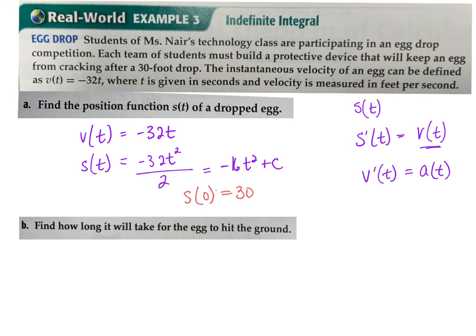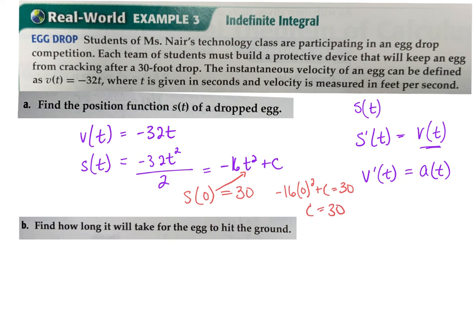So I can actually plug this in and figure out what c is. If s of 0 is 30, that means negative 16 times 0 squared plus c equals 30. Does everybody agree with that? Yes. If my initial position is 30, I can plug in 0 and figure out that c is going to be 30.